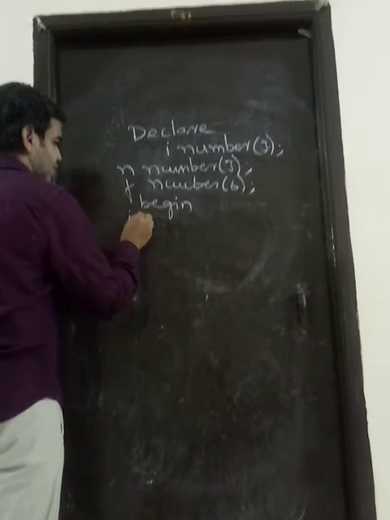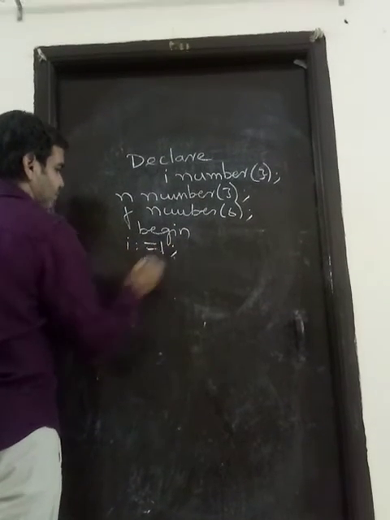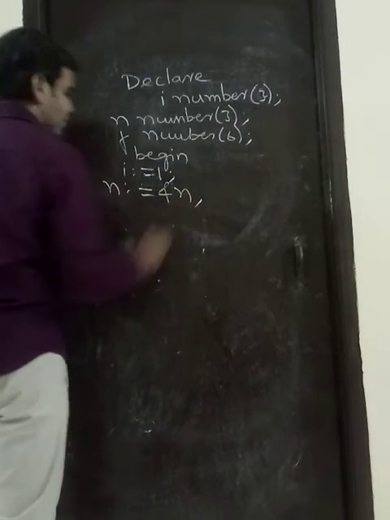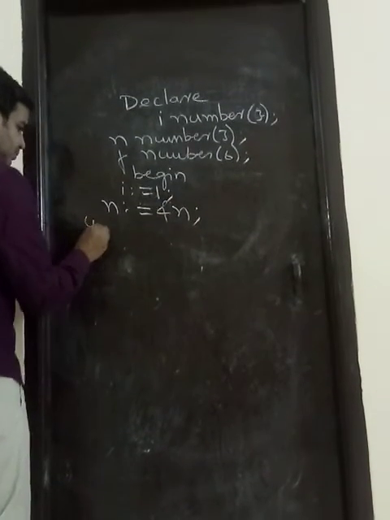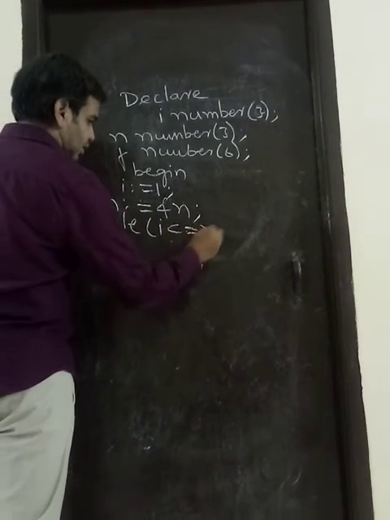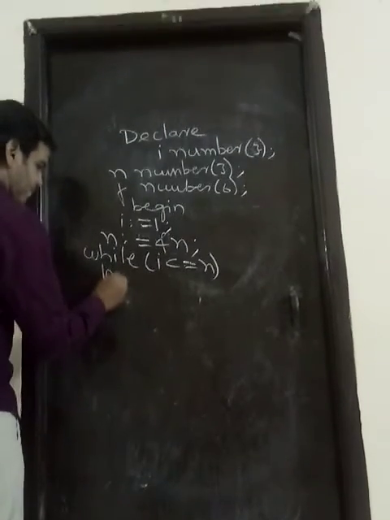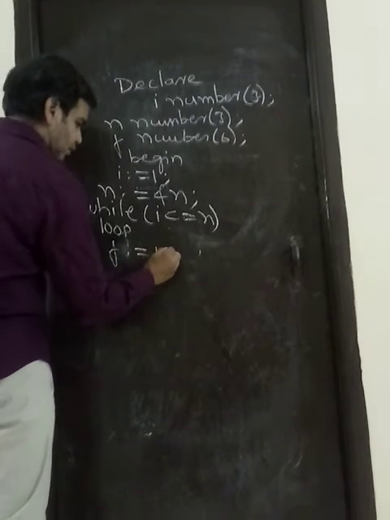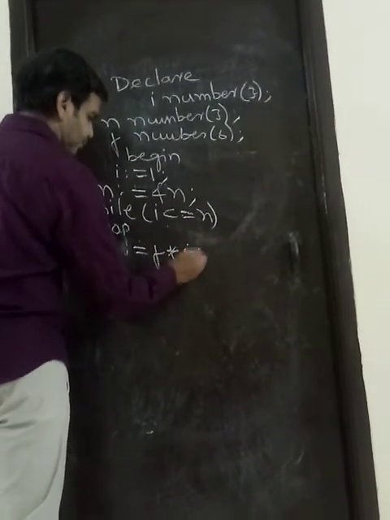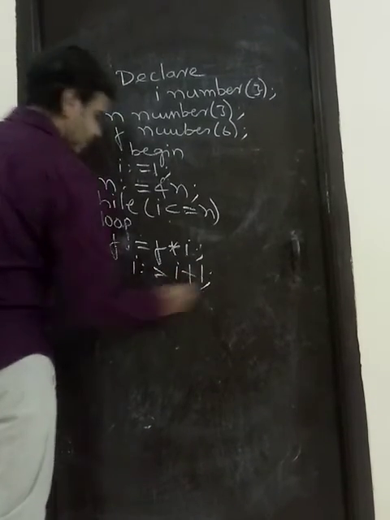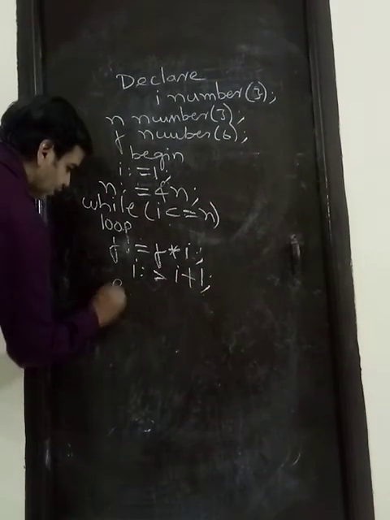First, initializing I is equal to 1, and at runtime I am taking n. Then while I less than or equal to n, loop. So f is equal to f into I, then I plus plus. Okay, end loop.